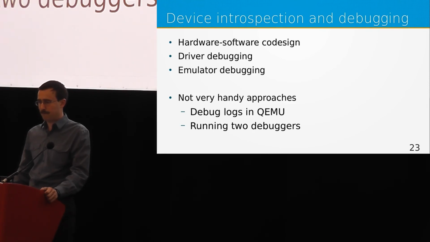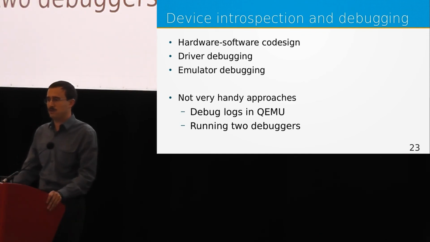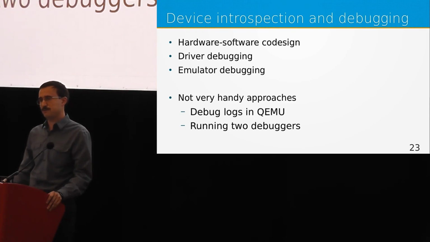When you are trying to extend or create a new virtual device within QEMU, you have to explore its internal state, but usually you just run the debugger of the guest program and get some logs from the virtual device.